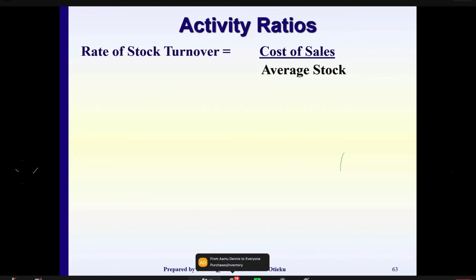Which financial statement? Inventory account.